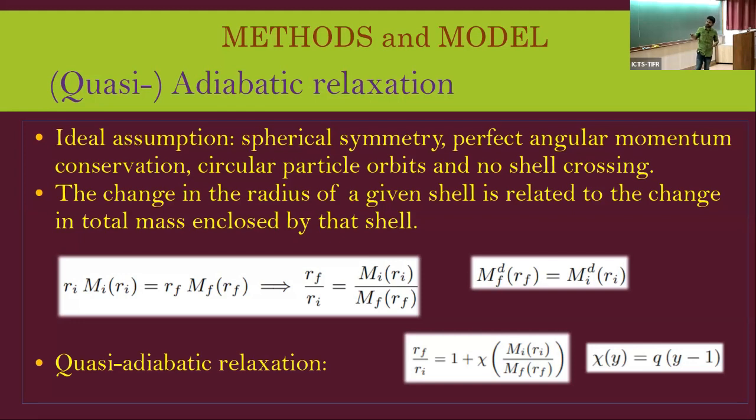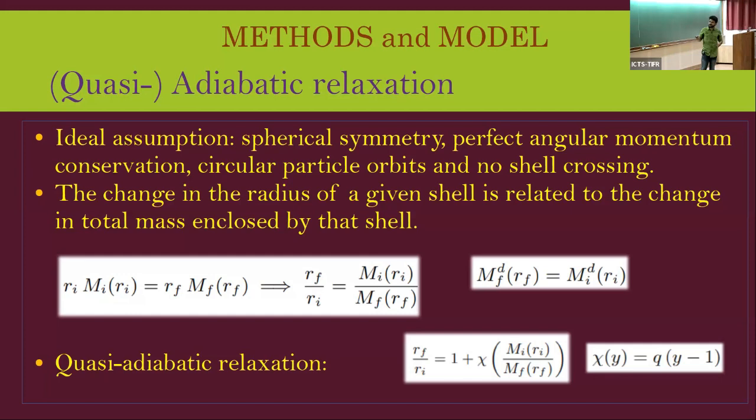Because of no shell crossing, the dark matter mass enclosed will be the same at Ri in the gravity-only simulation and at Rf in the hydro simulation. This is related to the total mass enclosed, because the dark matter mass is the same, so the only difference comes from the change in the baryonic mass within that shell.